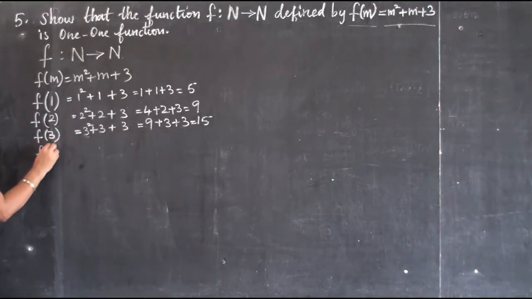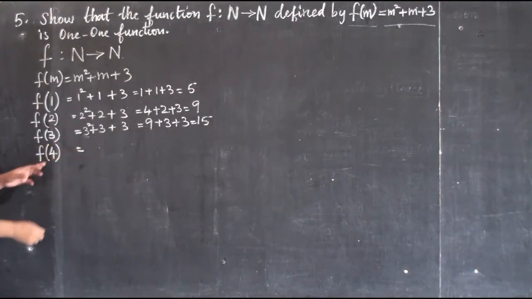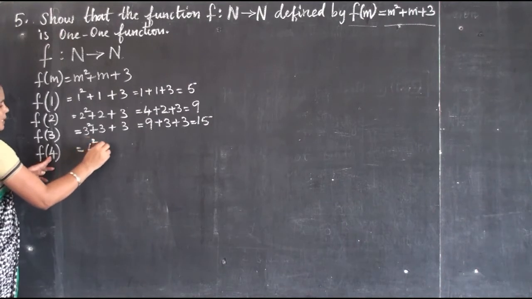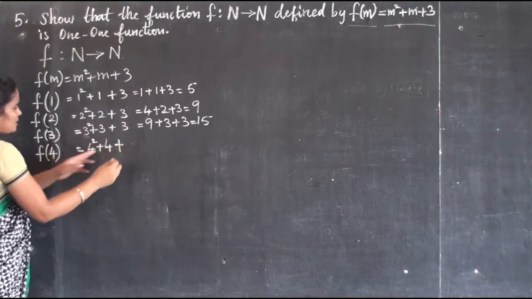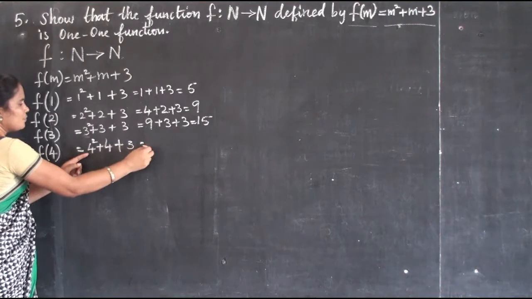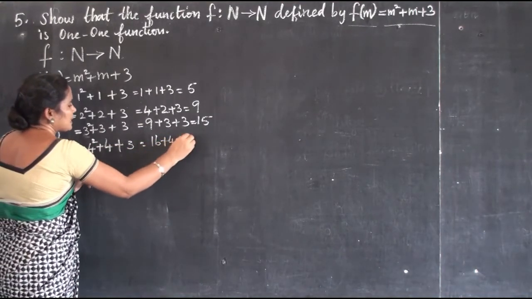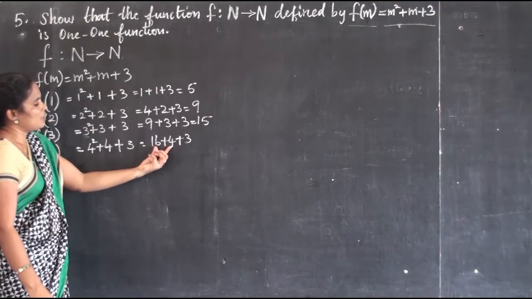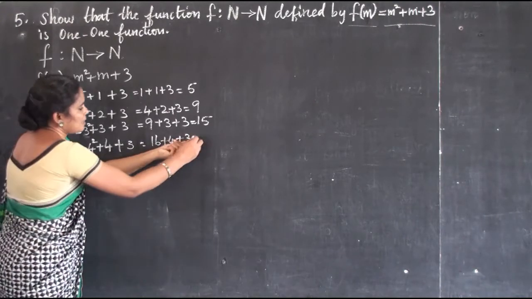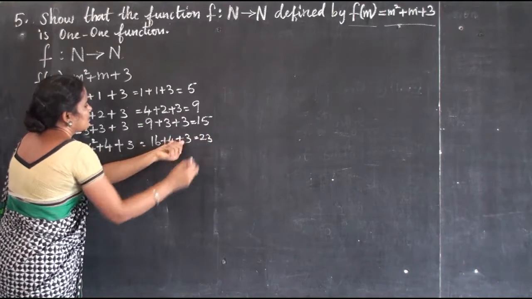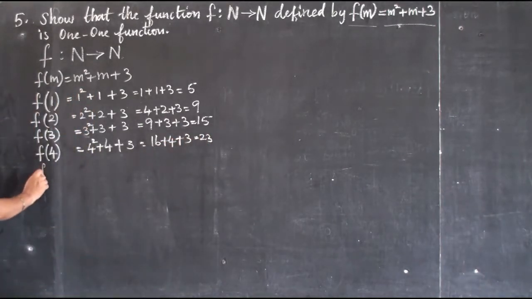F of 4 is 4 square plus 4 plus 3. 4 into 4 is 16, plus 4 plus 3. So 16 plus 4 is 20, and 20 plus 3 is 23. As no limitation is given, you can find up to 5.